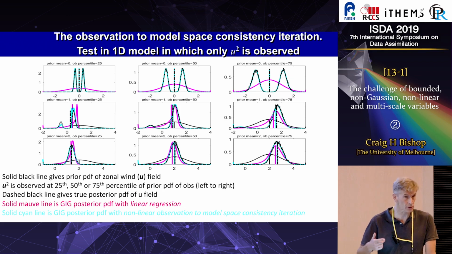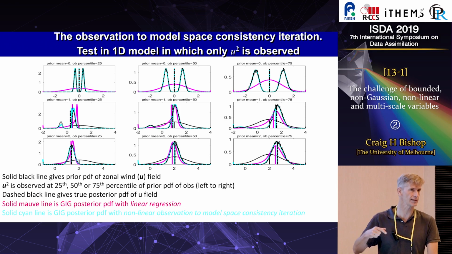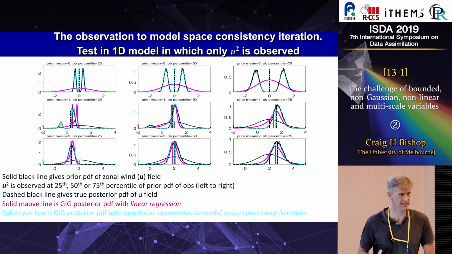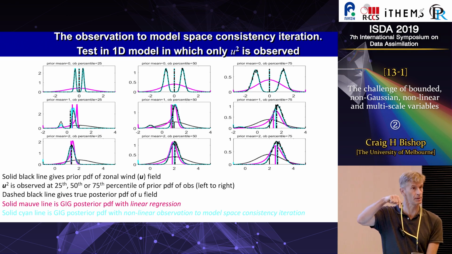But if all I do is apply that tiny little outer loop, which involves like 3 variables, so it's super fast, the gradient is trivial, and I do that for every particle, I get this cyan line, and lo and behold, I've got a multimodal posterior. No need for a Gaussian mixture model, just enforce consistency between model space and ob space, and do a good job in ob space.